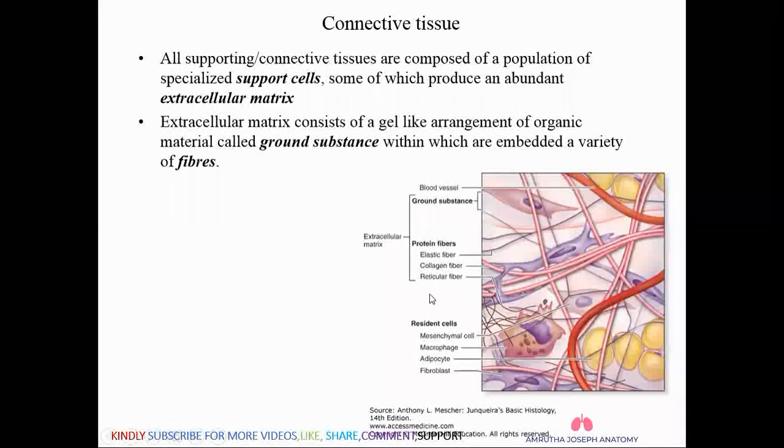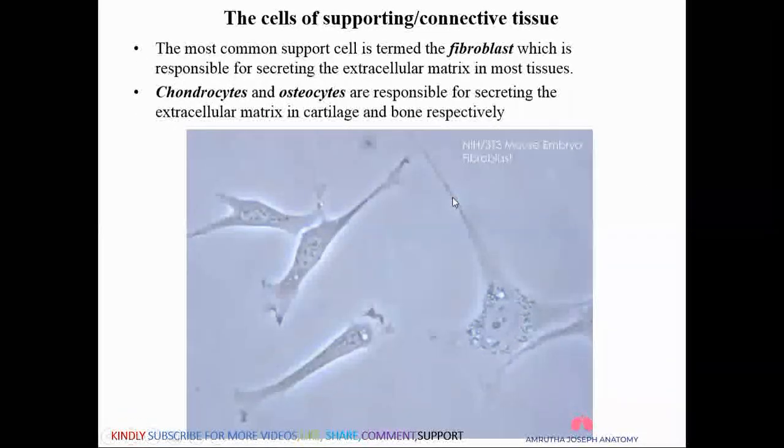So there are different types of connective tissue in the body. So the cells and the matrix vary accordingly. Now, the most common cell that you can see in connective tissue is fibroblast. So it is the most commonly seen cell, and these cells will produce extracellular matrix.